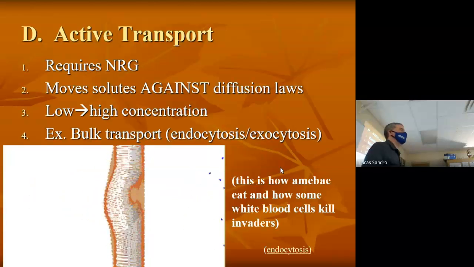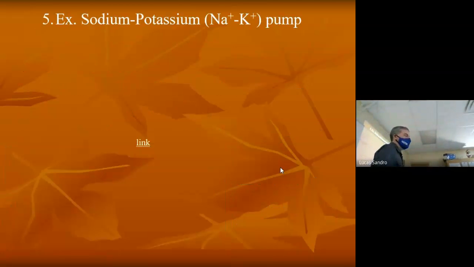This more finely controlled active transport example I'm going to give you is called the sodium-potassium pump. It's not the only pump mechanism in your cells, but it's certainly the most common. You have multiple sodium-potassium pumps in pretty much every cell in your body.